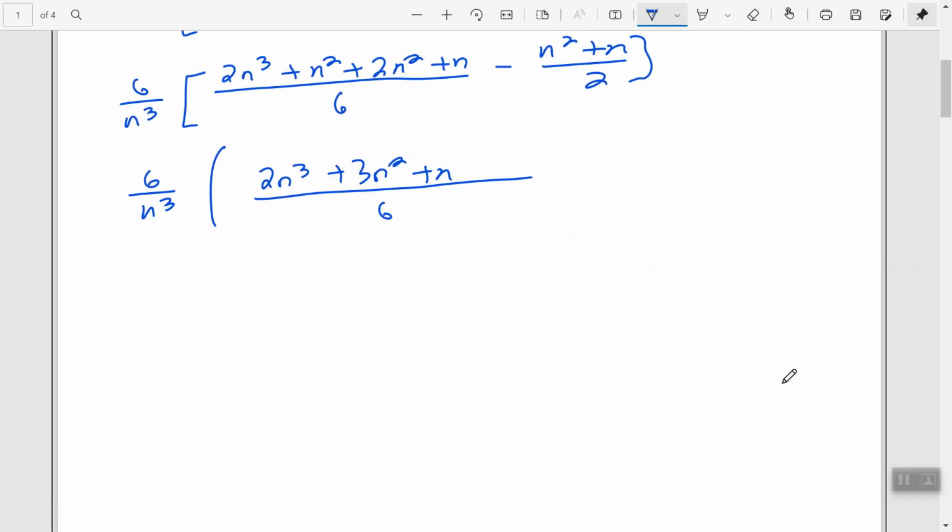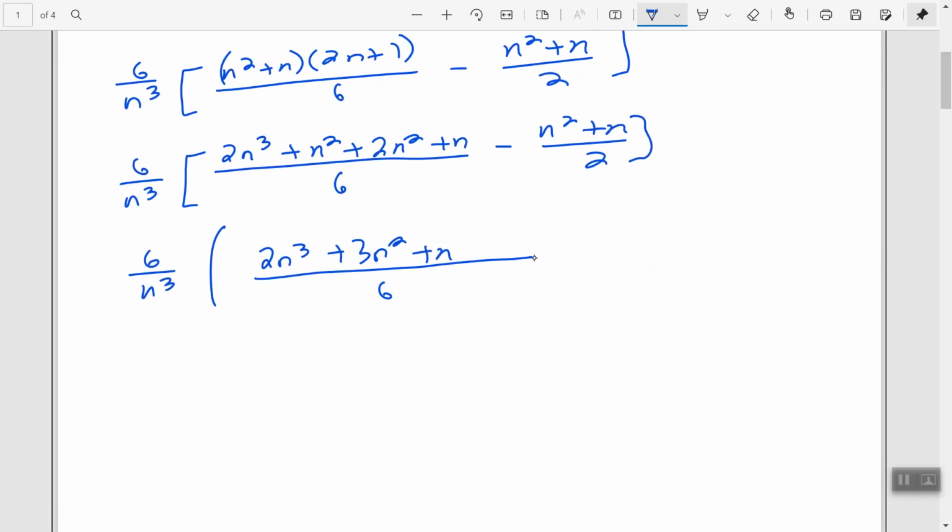And then if I get a common denominator of 6, that means I have to multiply this by 3, so let's go ahead and multiply that out.